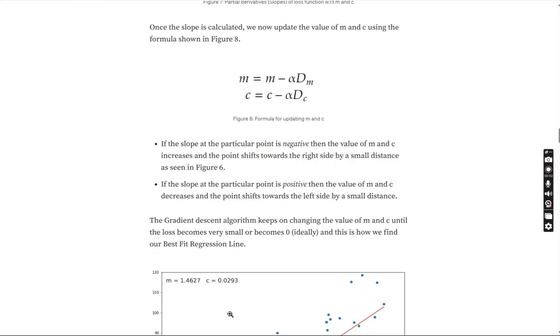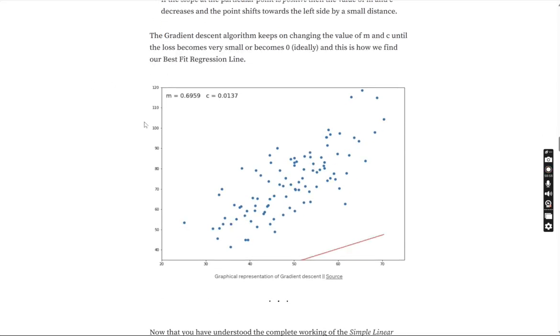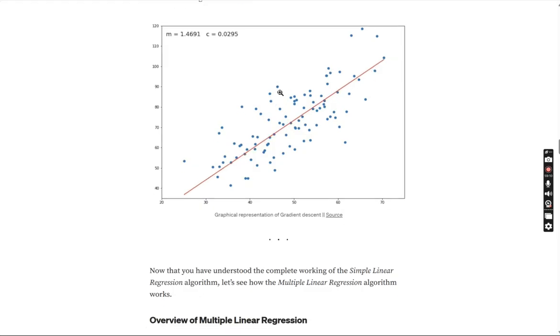minimum loss. So here it is shown, as you can see, this is how it fits. First it adjusts the m and c values until you get the minimum. In the back end it is calculating the cost function, doing the distance calculation between those points and the line. Automatically it adjusts.